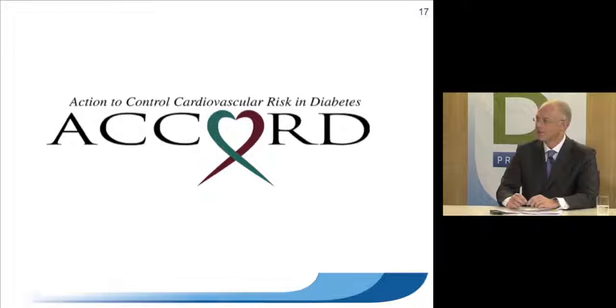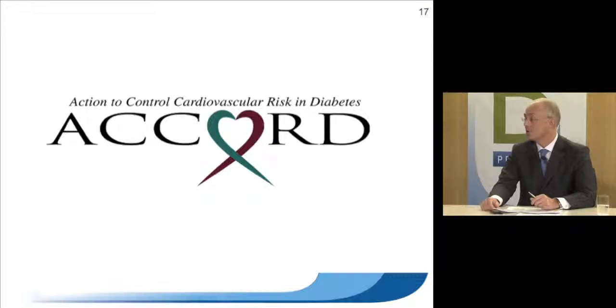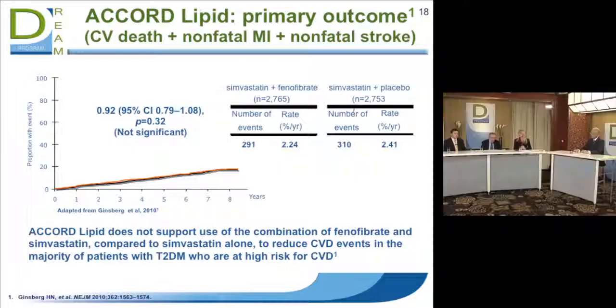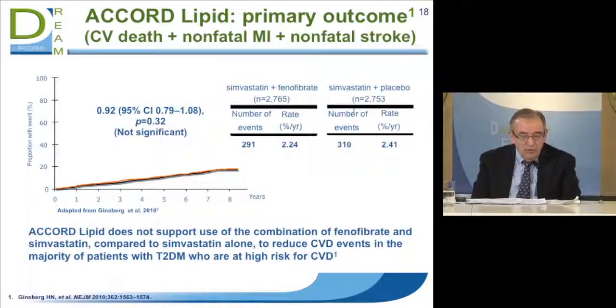I think the key question, Harry, now is: is ACCORD lipid providing support for the use of combination simvastatin fenofibrate in all our diabetics? So here we can see the overall result, and it was disappointing. As you can see from the curves, there was really no significant difference between the two groups in the event rates, and those are shown there.